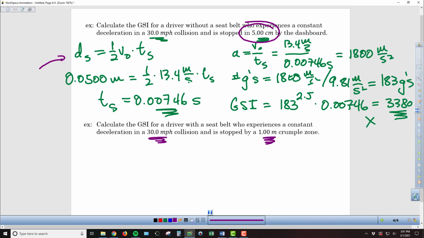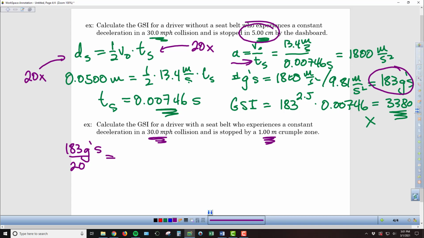So our stopping time is going to be 20 times as long, which means the number of Gs we experience, because T sub S is in the denominator here, is going to be reduced by a factor of 20. If we take our answer of 183 Gs from before and divide that by 20, we end up with a mere 9.16 Gs that the person is experiencing.